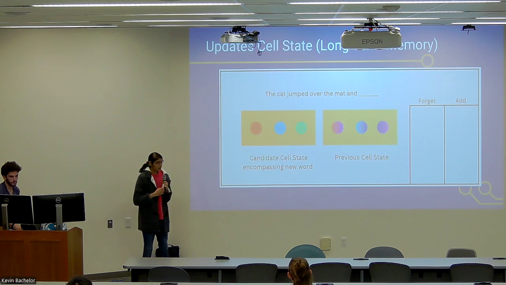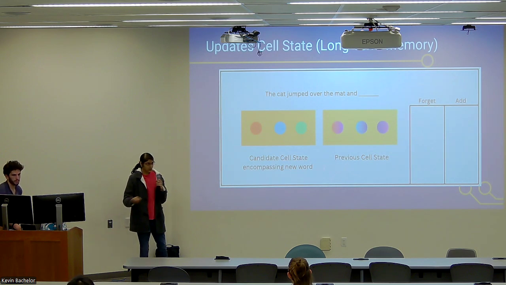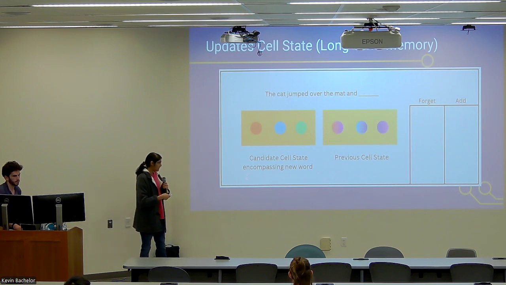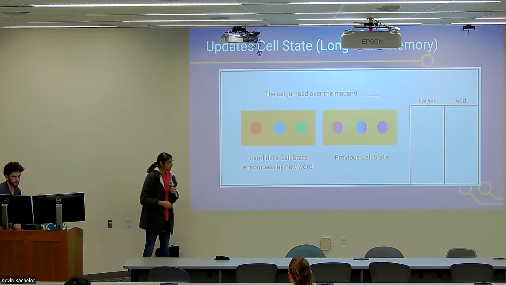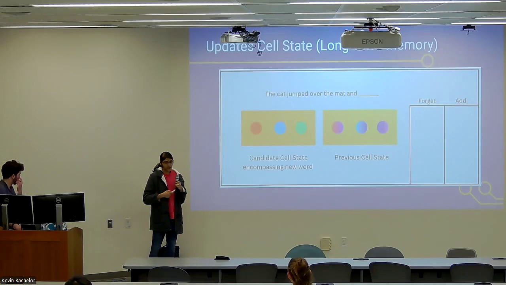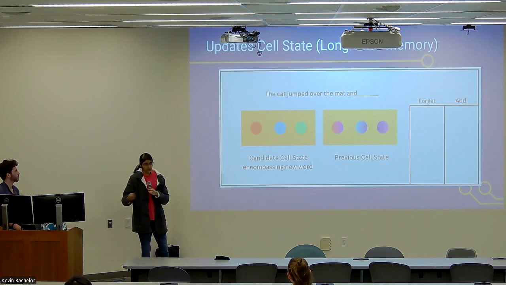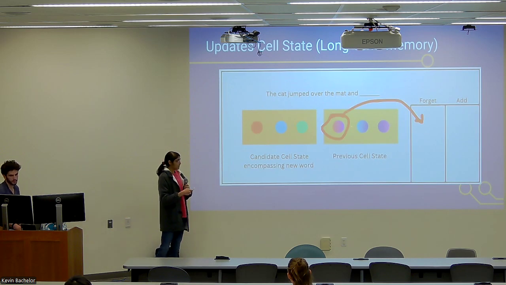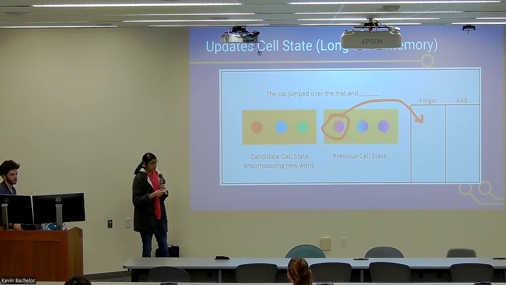This previous cell state is going to be the current state of your house, and maybe you have some new furniture that you want to move in, so this candidate cell state is going to be that new furniture. When you clean out your house, you go through it and say, okay, there's some stuff I don't need. Maybe this thing, you don't really need it, so you're going to throw it away, or forget it.